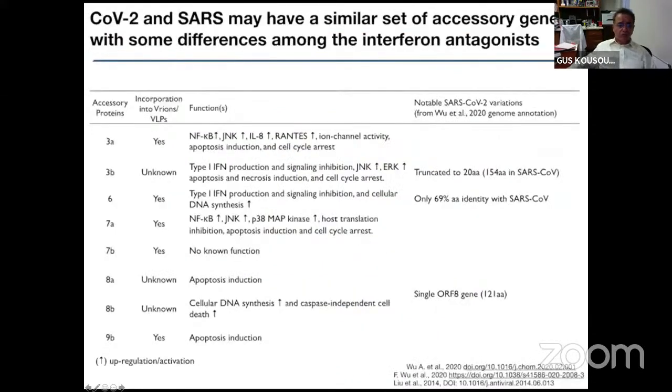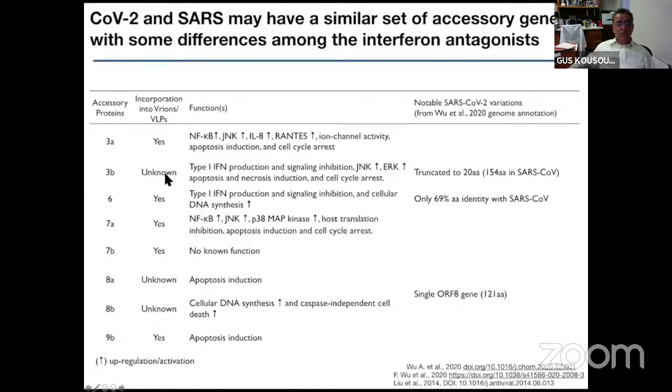If you look at the functions that have been predicted, and again, we don't know a lot about all these proteins, you can see that a number of them relate to innate immune responses. For instance, 3A is incorporated into virion particles and upregulates NF-kappa B, IL-8, RANTES, and so on. It also has a role in apoptosis induction and cell cycle arrest.